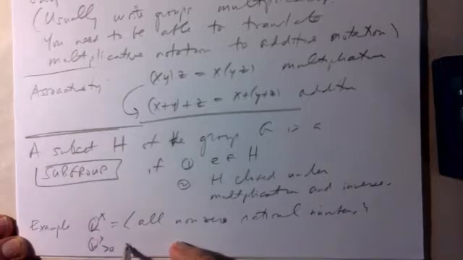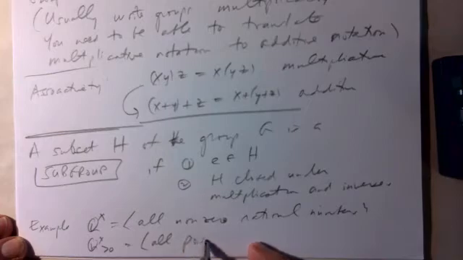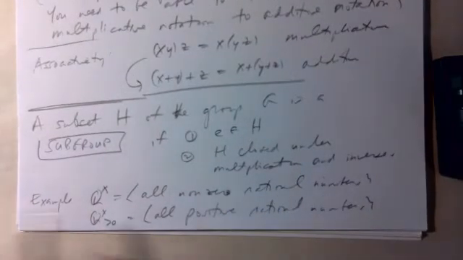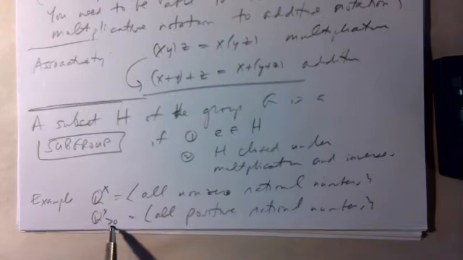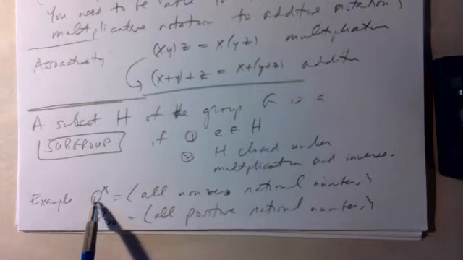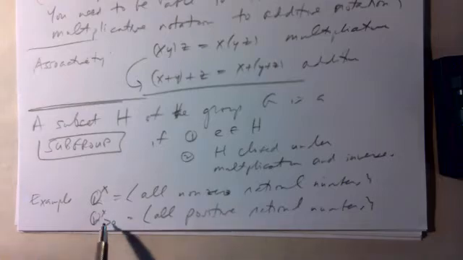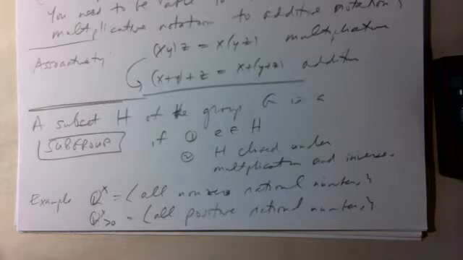And if you take all positive, meaning strictly greater than zero, rational numbers, every positive number is non-zero, so the positive rationals form a subset of all the non-zero rationals. And 1 is the identity element under multiplication for rationals, and it's positive. And this set is closed under the product of two positive numbers is positive, and the inverse of a positive number is positive. So the positive rationals are a subgroup of the rationals.